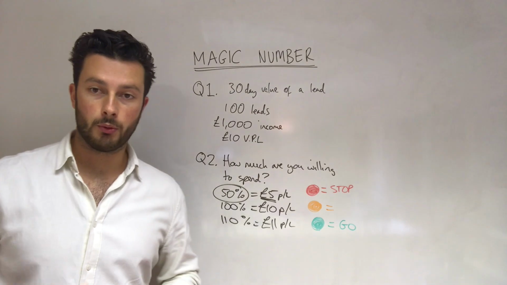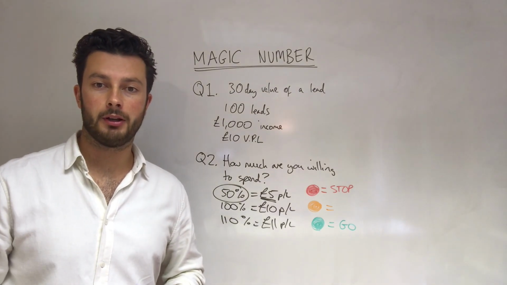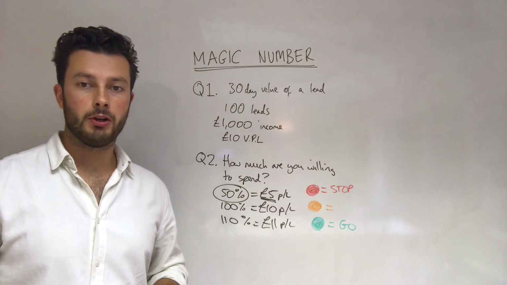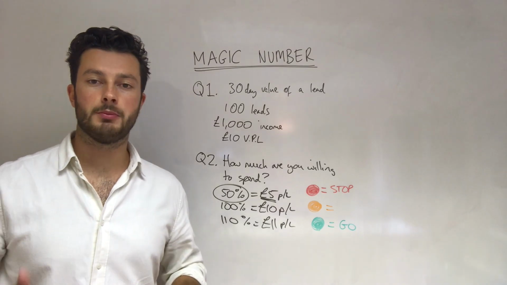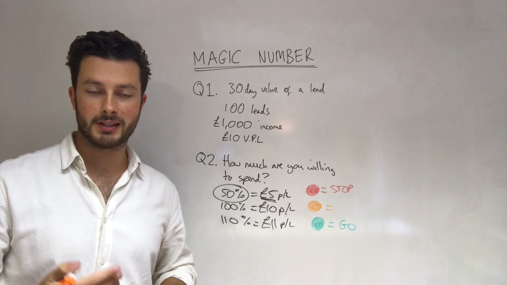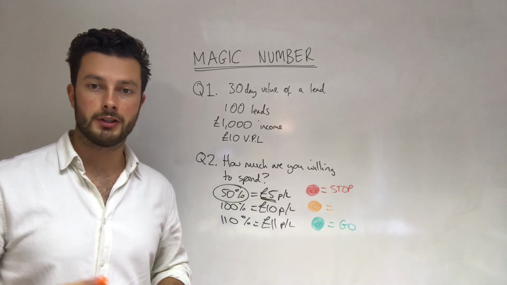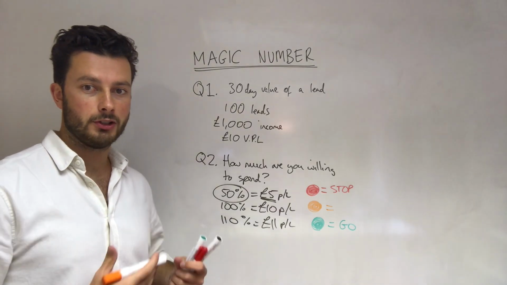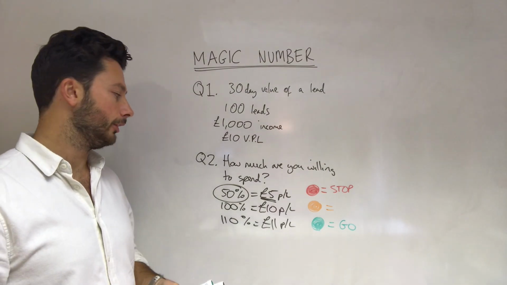But let's say we're looking at our campaign. We're looking down and we're seeing different adverts, and we're seeing the cost per lead. We're seeing the number of leads that this advert is generating and the cost that it's costing us to generate that lead through that particular advert.